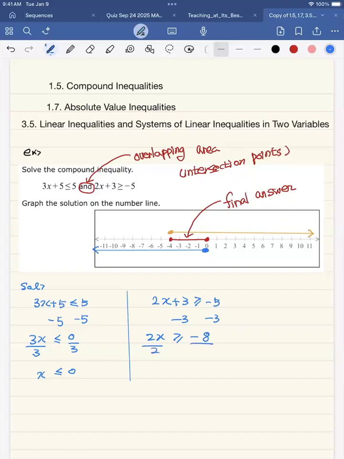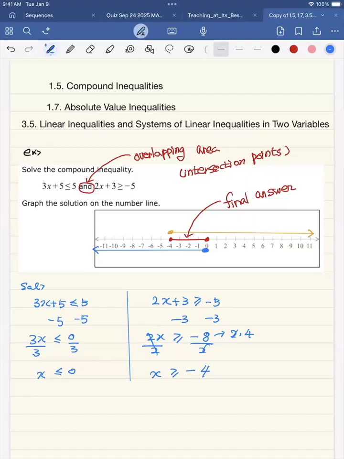That's a positive number, so it doesn't change the inequality direction. And the left side becomes x by canceling out 2 on the numerator and denominator. And then on the right side, we have negative 4.